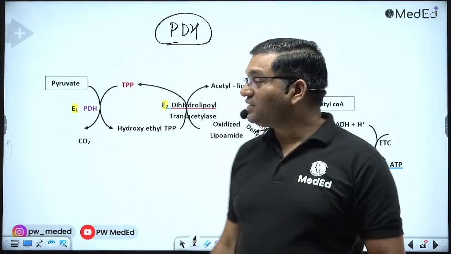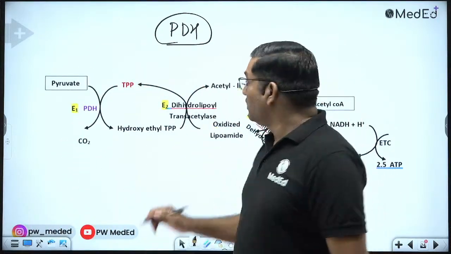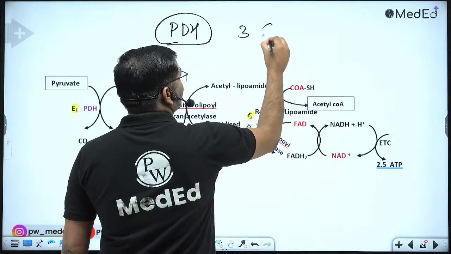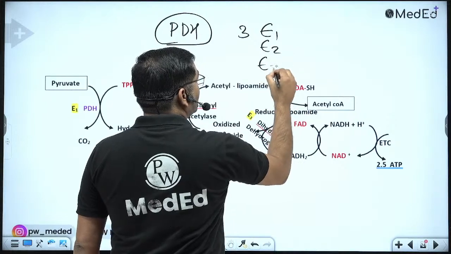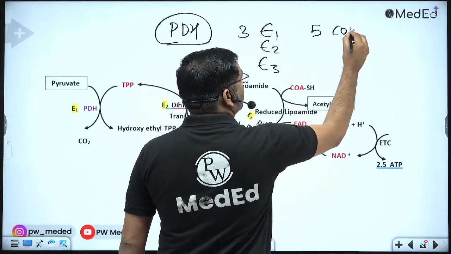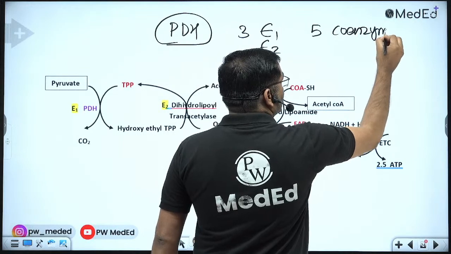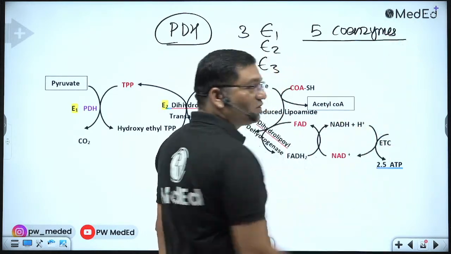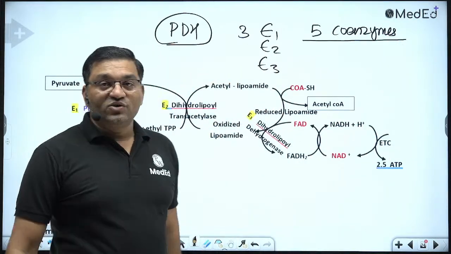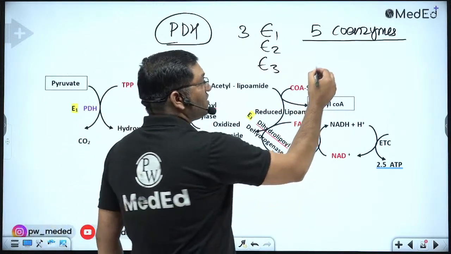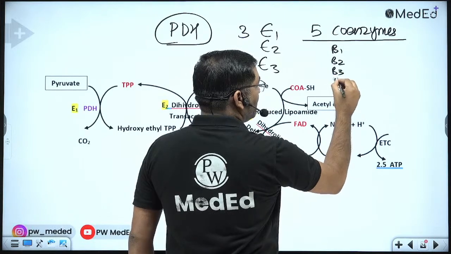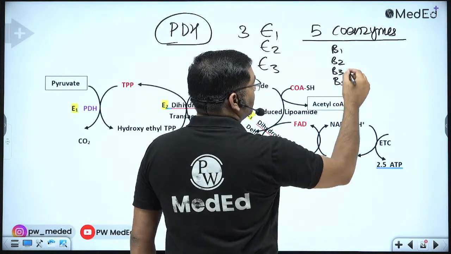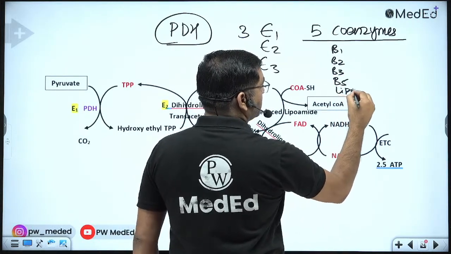Pyruvate dehydrogenase is a multi-enzyme complex composed of three enzymes, E1, E2 and E3, and 5 coenzymes. It is also an important question. The 5 coenzymes include B1, B2, B3, B5 and lipoic acid.